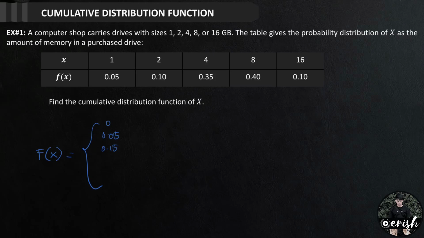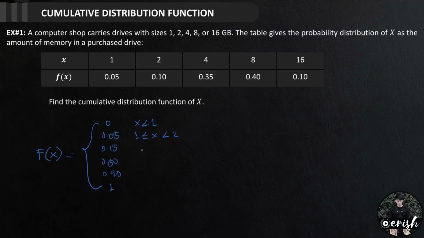Ito yung mga na-solve natin kanina, to 0.5, 0.9, and 1. So, yung 0 natin, lalagay natin is x less than 1. And yung 0.05 natin is 1 less than or equal x less than 2.